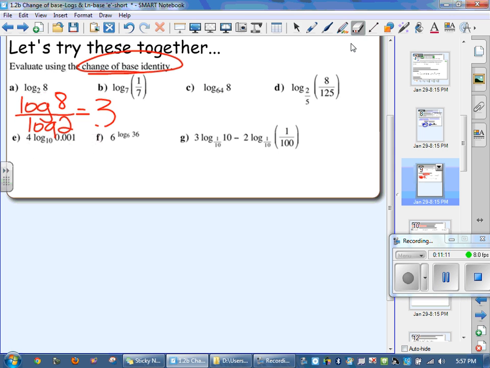Okay, let's try with letter B. Yes, again, brackets are necessary. So I'm going to have log of 1/7 divided by log 7. When I do so, B is going to give me -1 as an answer. Try C and D and see what you get for answers. Again, yes, the brackets are necessary. So when you have fractions, you definitely need to have brackets.